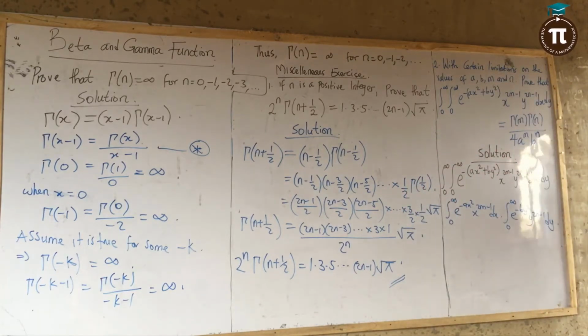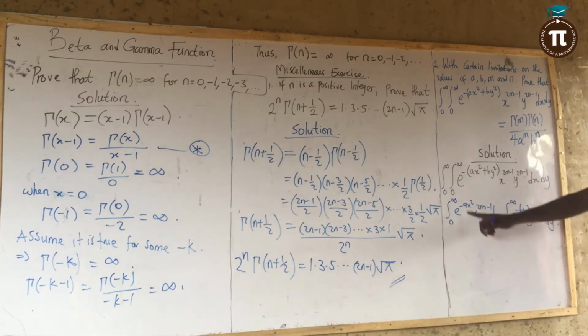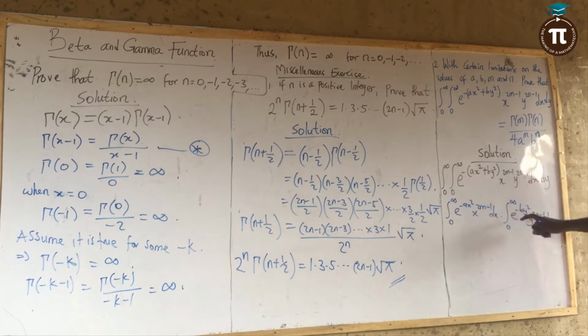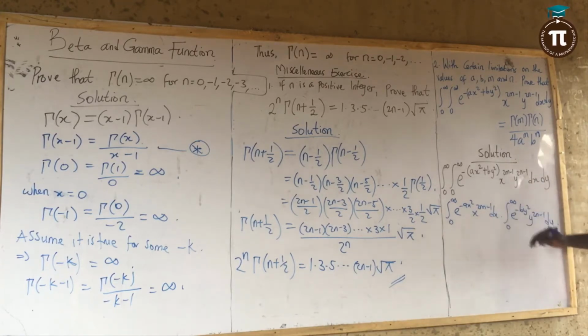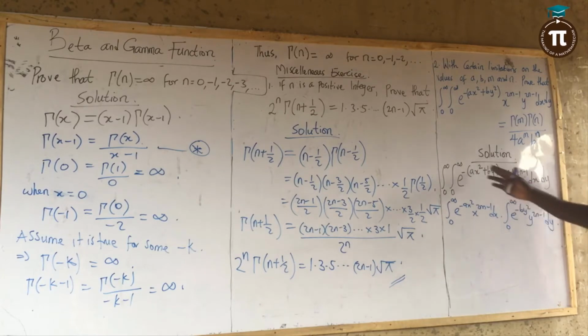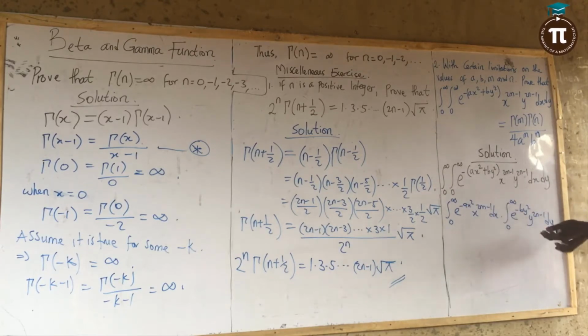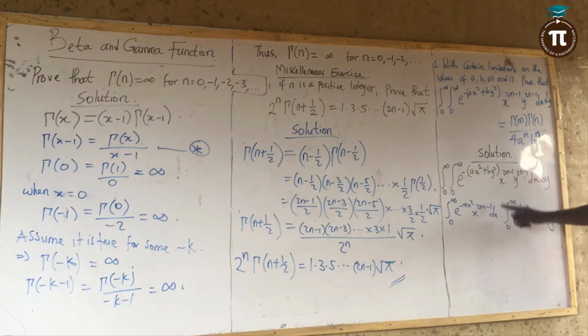As you can see, they are almost the same thing. The only difference is this is A, this is M, this is B, this is N. But they are the same. The reason why I can separate it is because I can group all variables of x together and all variables of y together. So now let's simplify this.